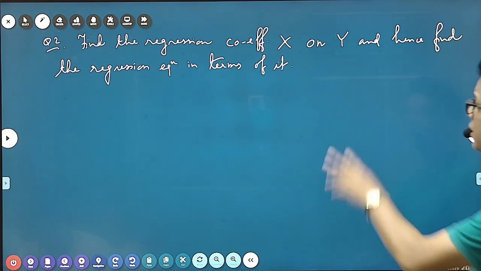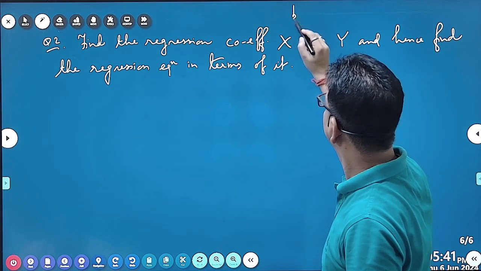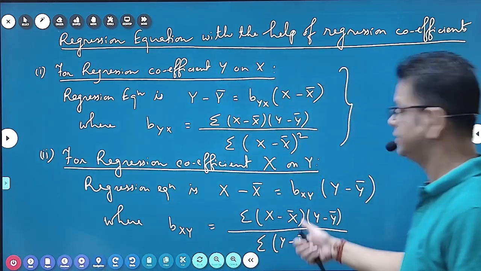In terms of it means in terms of that regression coefficient. Now x on y, the symbol is bxy. So this is the second one.